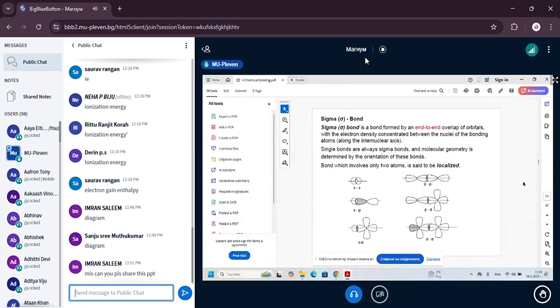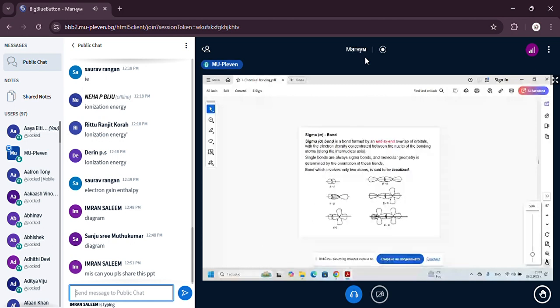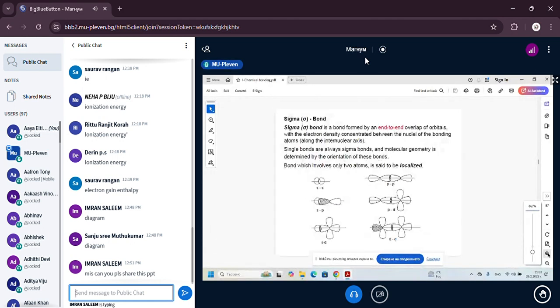Types of covalent bonds. We will start with sigma bond.